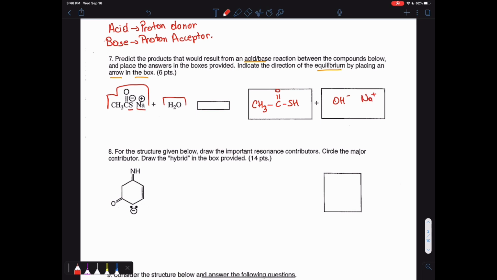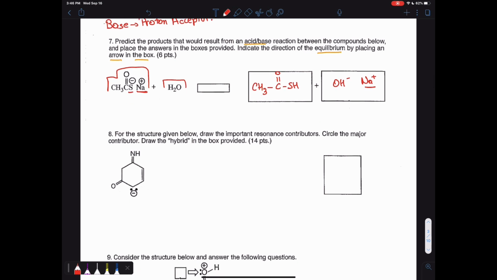The function of the sodium here is just to stabilize the negative, right? You don't want to have just a negative in the solution. So this compound accepted a hydrogen, so plus H, and this one lost a hydrogen, minus H.